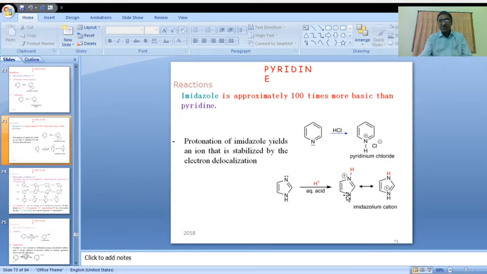If the second nitrogen's pair of electrons donates to this side, the pi bond cleaves and this nitrogen gets neutralized.